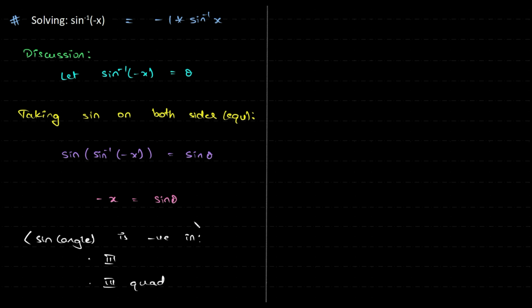But we know that sine inverse of x has a principal value, the principal branch. So where is the principal branch of sine? The principal branch of sine is in your fourth and first quadrant, in between the space, right?